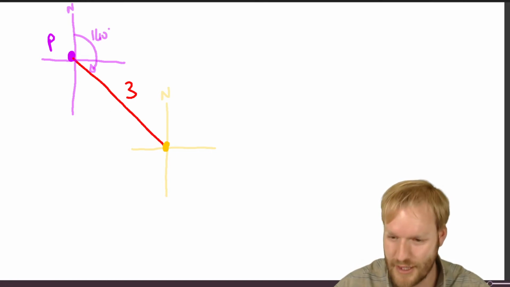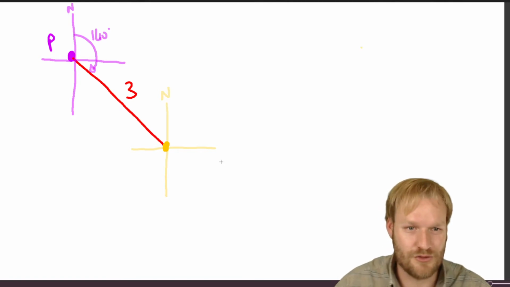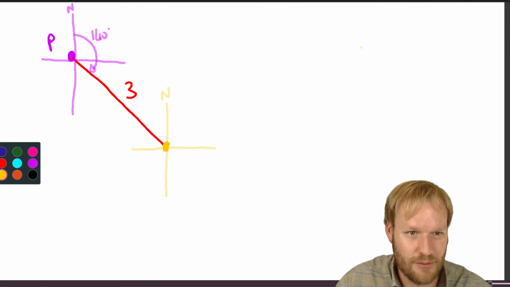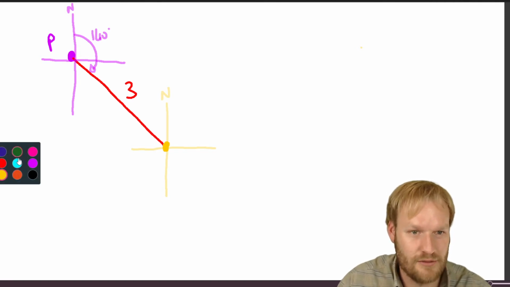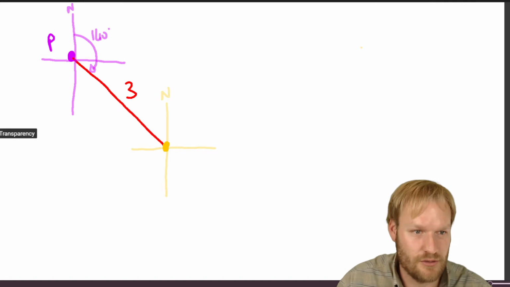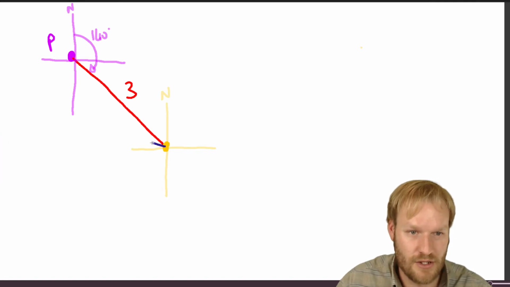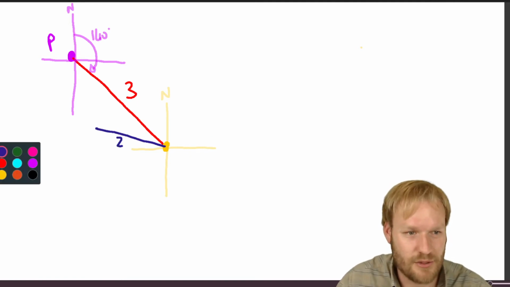And now we said, from there, let's go along in a blue direction. We're going to go across like that for 2 kilometers. Not too bad for my scale, I think, if I do say so myself.